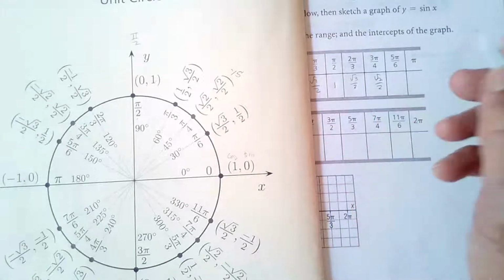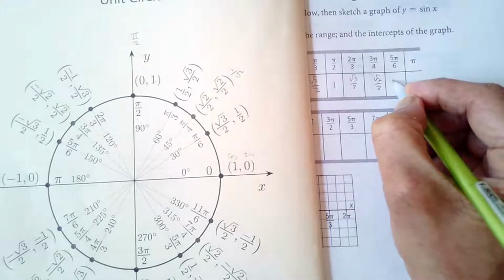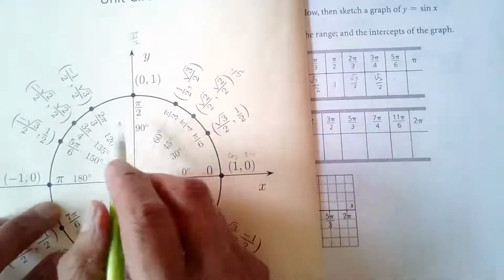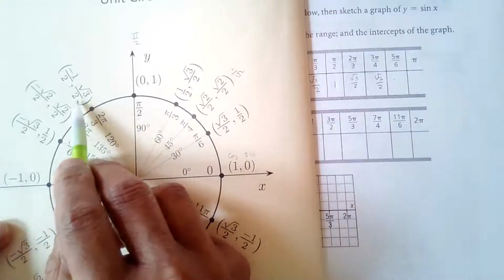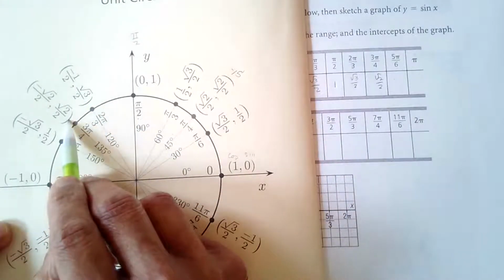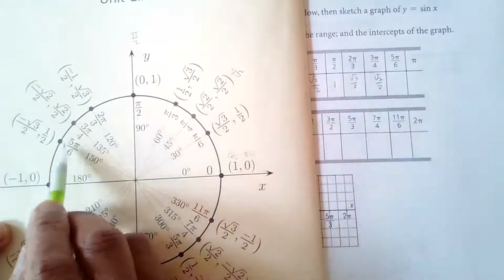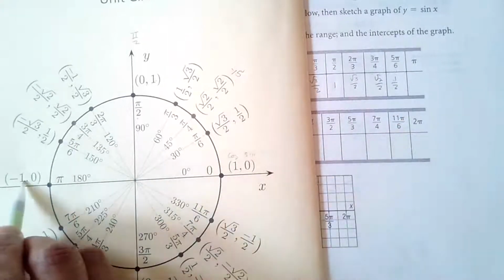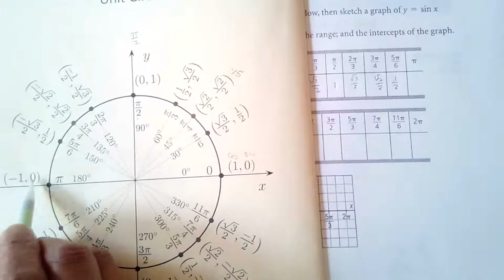You see the cycle repeats, right? Then we have 5 pi over 6, which is a half. And notice sine of pi is 0.